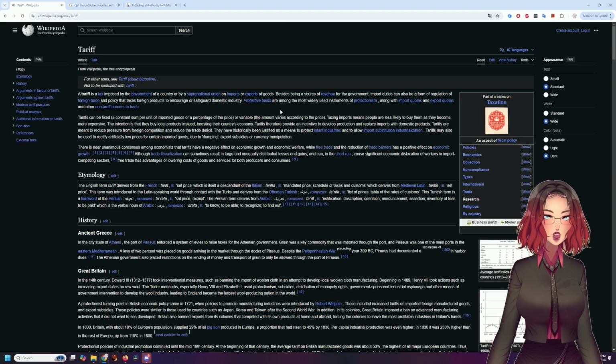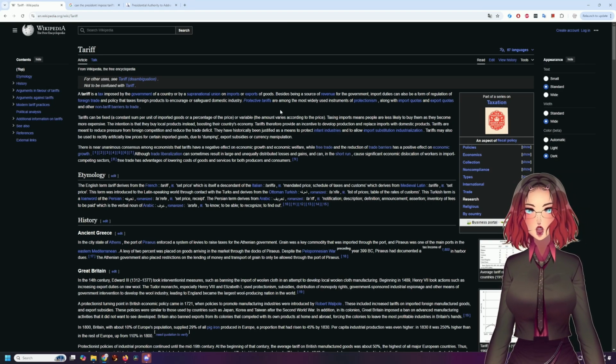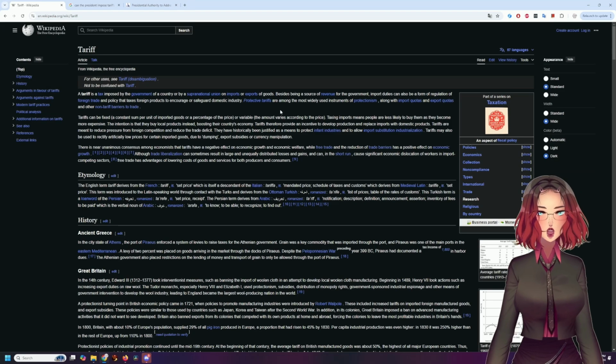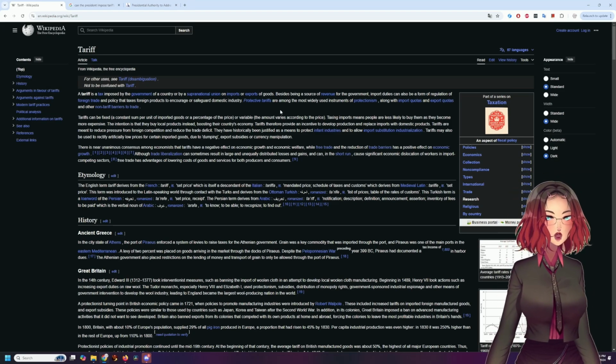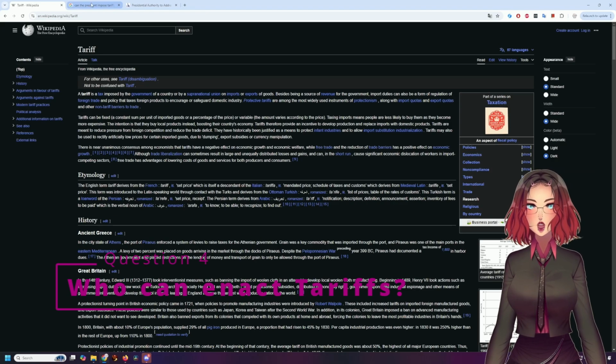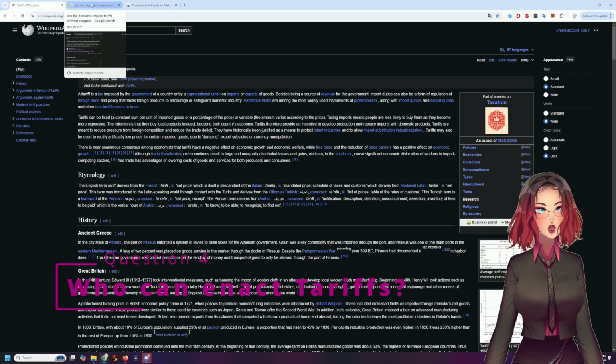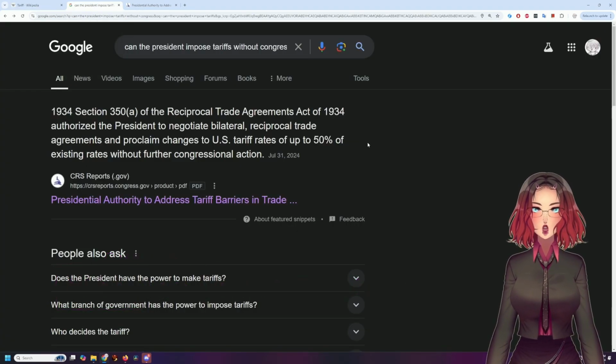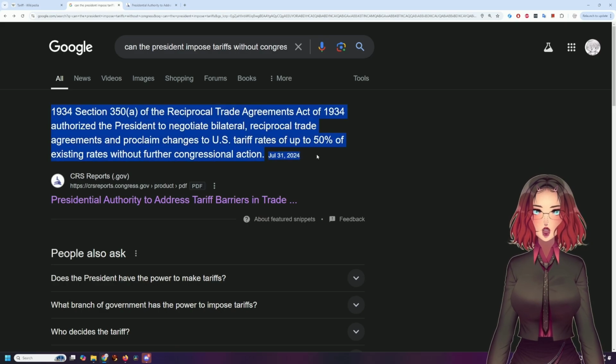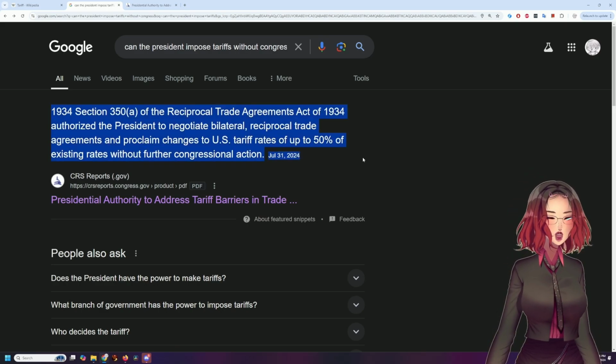So, there's one last aspect to tariffs that we need to look at, at least here in the US. If you're not a US citizen, you can probably basically skip this part. So, who can actually impose a tariff in the US? Well, this right here basically explains the answer.